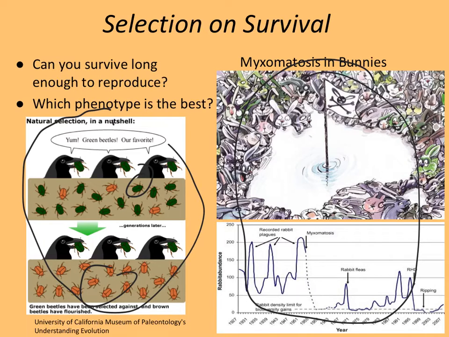So they brought in bunnies, and you know how rabbits breed. They breed like rabbits. And the rabbits quickly overpopulated and ate all the grass and stuff, and so there was no grass left over for sheep and cattle and also kangaroos and whatnot. So they decided to try biocontrol. They found this virus that's from South America that is 99.9% lethal.